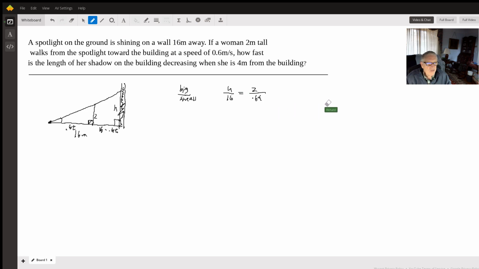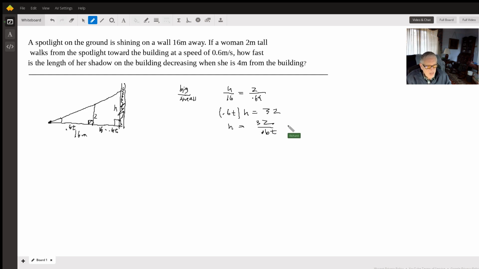I'm not ready to write it as a function yet. Just cross multiply, you're going to get 0.6t times h is 32. So h is just 32 over 0.6t.